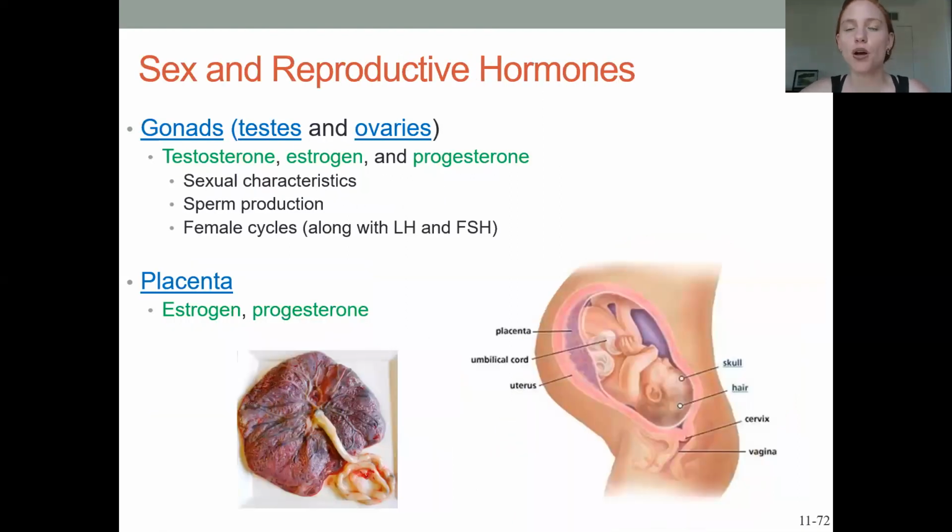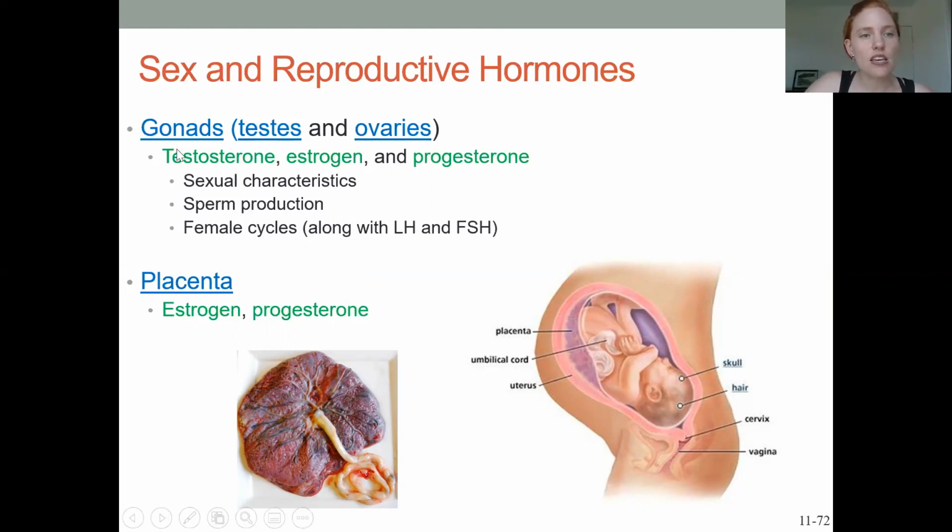Okay, sex hormones from the gonads. I don't want to talk about them too much yet because we're going to have a whole lecture on reproduction, but I do want to mention that the ovaries are going to produce estrogens and progesterone, and those are going to help affect female sexual characteristics. They also regulate the ovarian cycle.